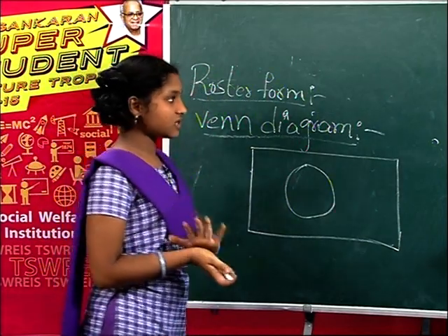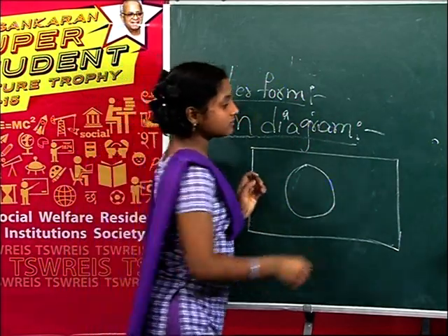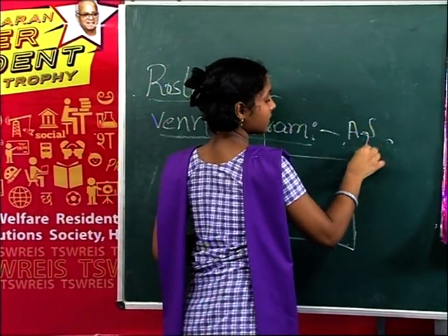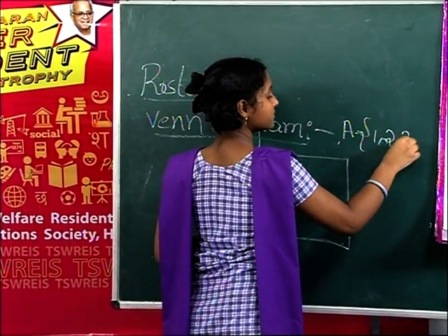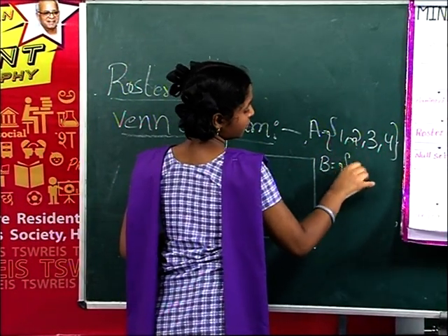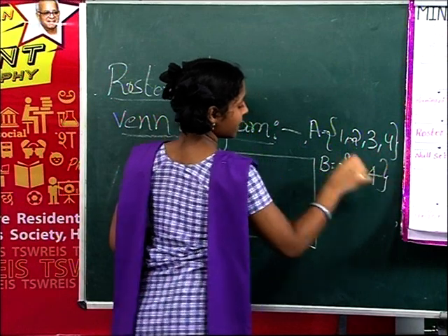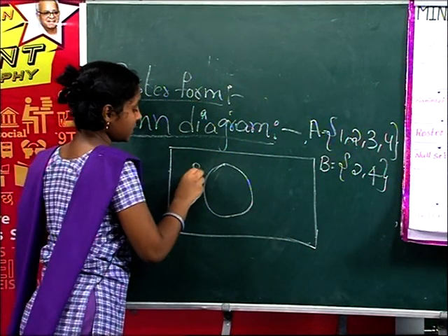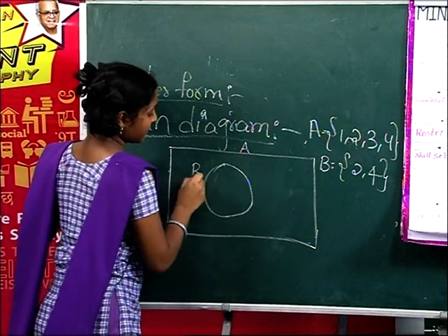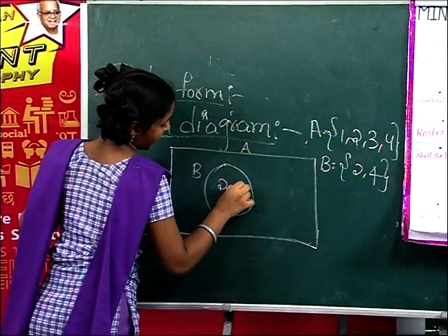Now I will give you an example. A is equal to {1, 2, 3, 4} and B is equal to {2, 4}. Here in B we have 2 and 4.